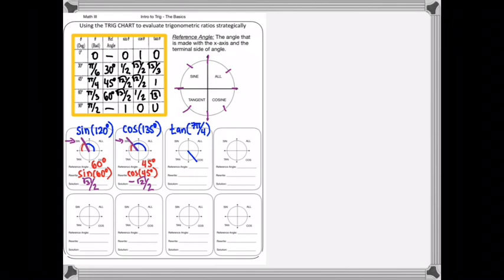So each one of these increments is going to be pi over 4, right? And I found out that this angle is all the way over here. So it looks like that one chunk is going to be the reference angle right here of pi over 4, okay?